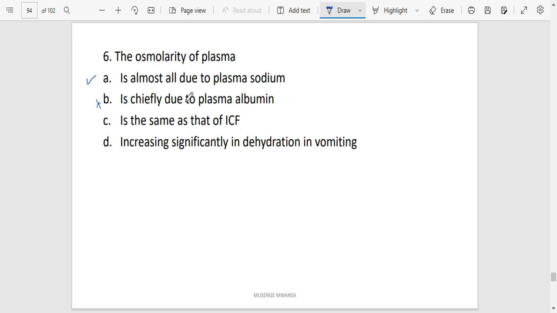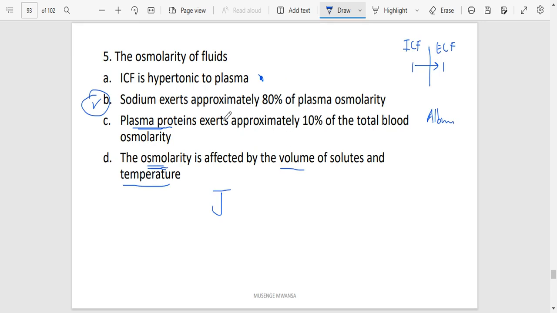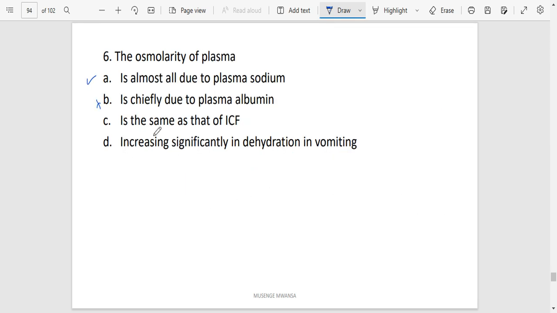Osmolarity of plasma is the same as that of ICF. Well, from the previous question, if I remember, we said they are supposed to be the same, right? So that you prevent the movement of ions like that. So this one is the same as that of ICF. I can tick this one.